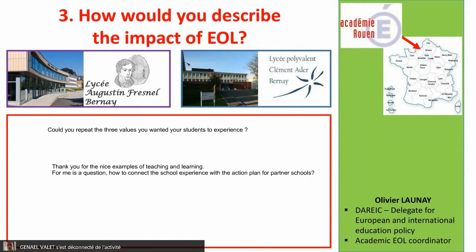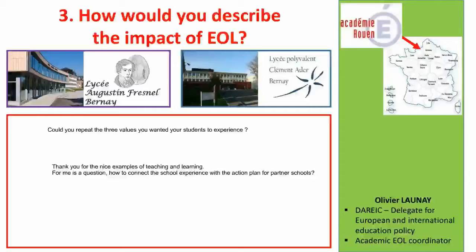As for the second, the question is how to connect the school experience with the action plan for partner schools. Well, difficult question, to be quite honest. I think that according to the 4 categories Jonas mentioned at the beginning of his presentation, there's certainly something about languages and school climate.